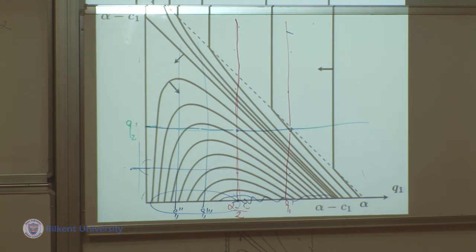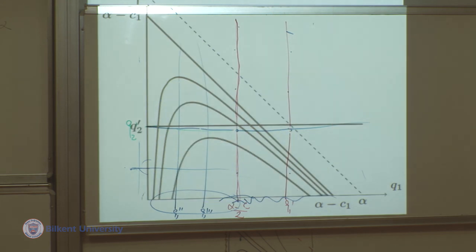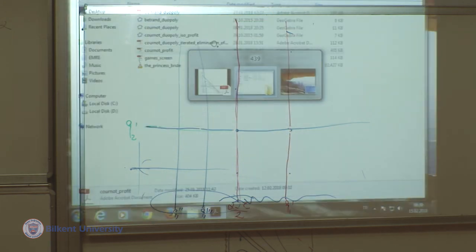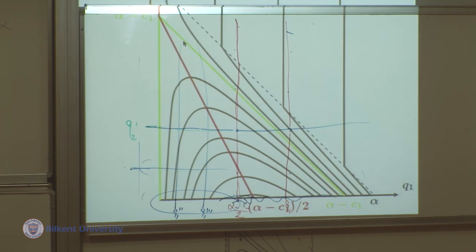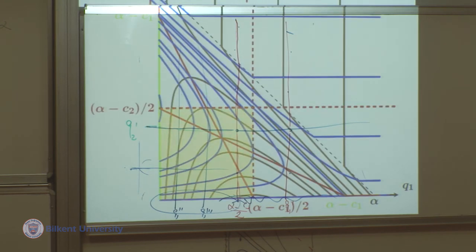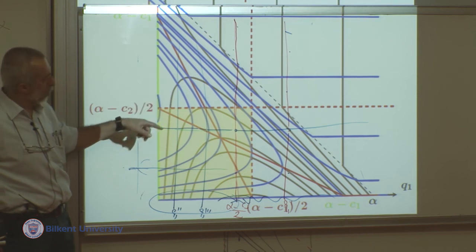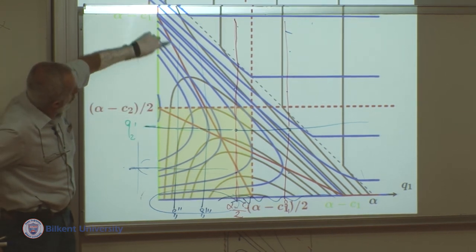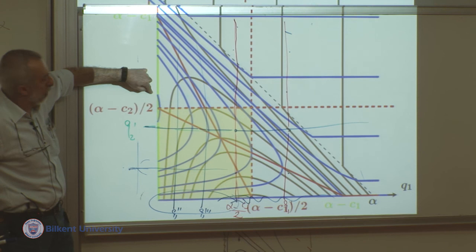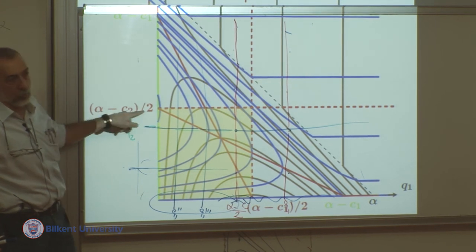Okay, so actually, let me work on this picture. So that's what we had. If I play the same game with player 2, all these strategies of player 2 would be strictly dominated by alpha minus C2 over 2.